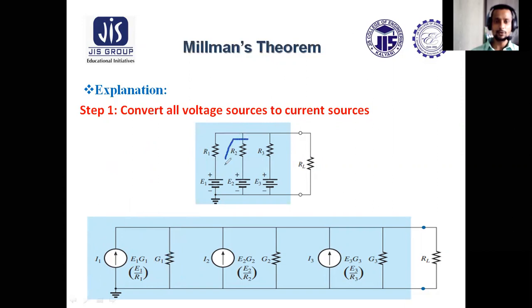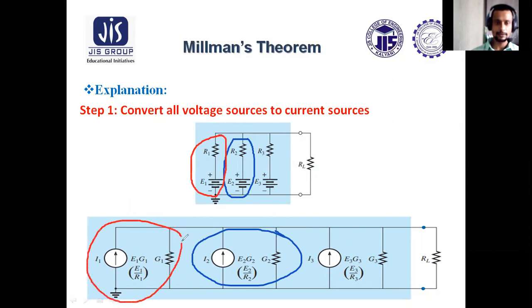Similarly, E2R2 can be combined into this. So E1R1 is combined into this, E2R2 into this, and E3R3 into this. Likewise, we can make the conversion for each of the series combinations of E1R1, E2R2, E3R3.